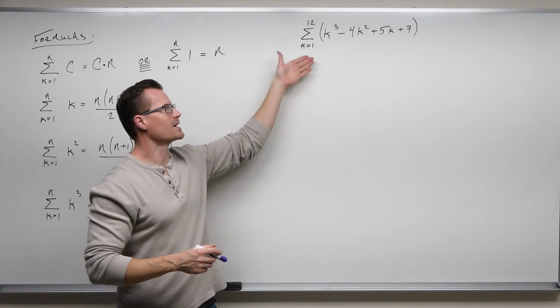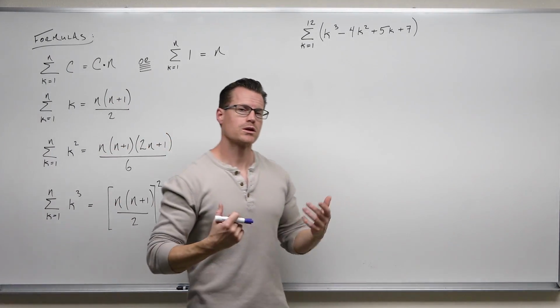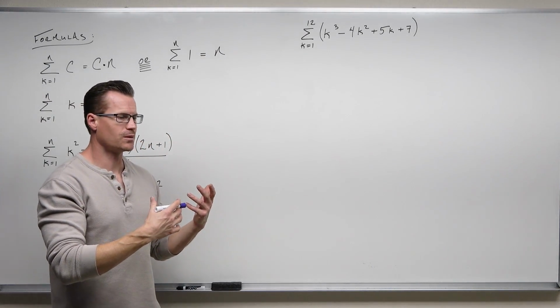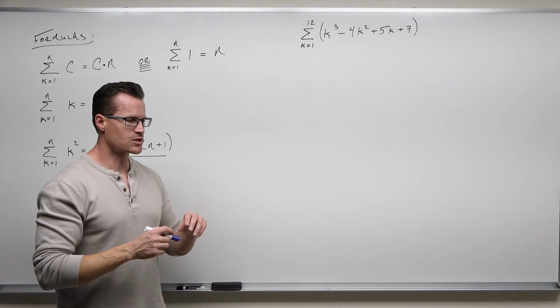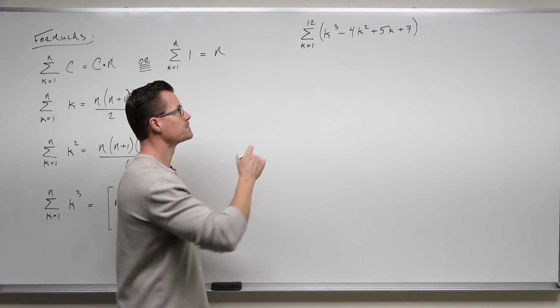So in other words, I can break this down into some really simple pieces that match up with what we have here. So we're going to do that. We're going to say, all right, because addition and subtraction is associative, it's commutative, I can move stuff around, I can separate things, it's also factorable by multiplication, I'm going to start separating this.